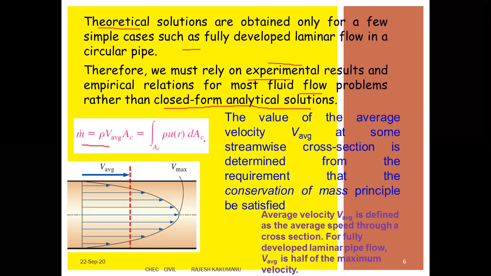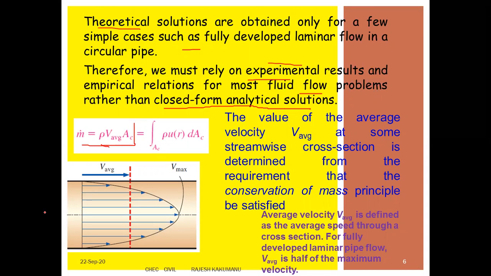Now the value of the average velocity, V average, at some stream-wise cross section is determined from the requirement that the conservation of mass principle is satisfied. The mass is equal to rho into V into A.